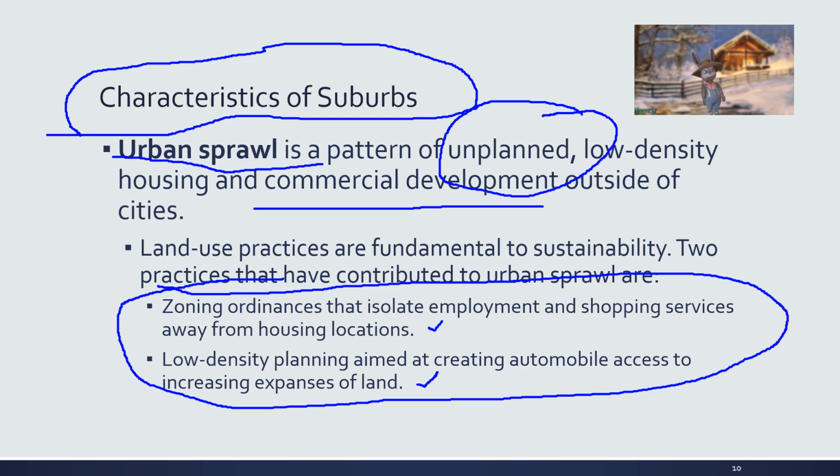So sprawl does have some planning, but a lot of the lack of planning comes when we see rapid urban development and we're just plopping down areas to find places to put people. And again, this is at the sacrifice of farms and other things.